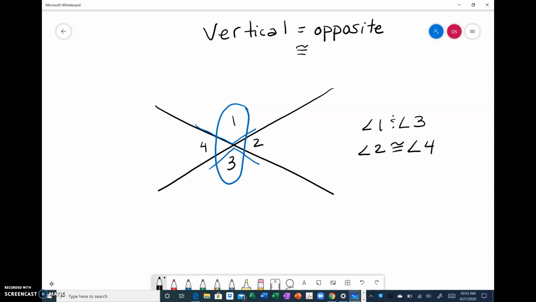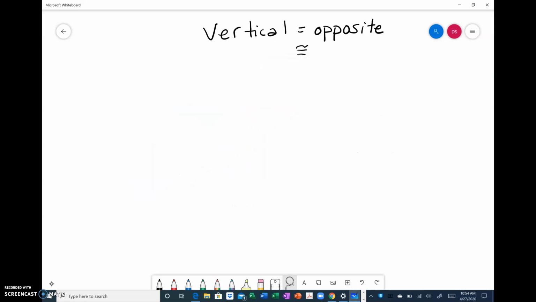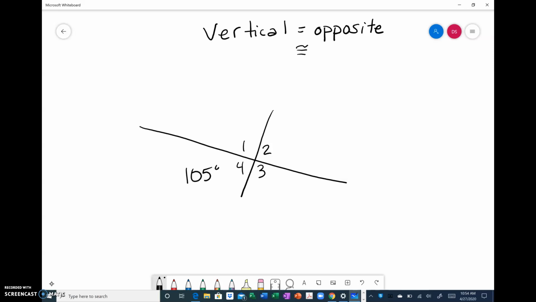So let's put some of this knowledge to the test. Look at example 2 at the top of page 517. Again, we have intersecting lines, 1, 2, 3, 4 for our angles. And it says, given that the measure of angle 4 is 105 degrees, find the measure of angle 2.